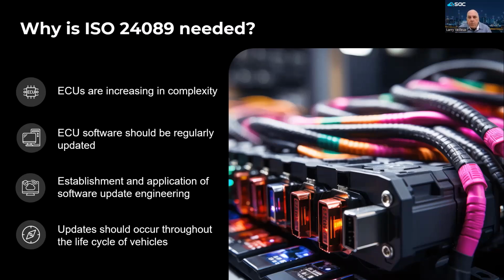With the increased frequency of software update campaigns, it is important to have individual vehicle configuration information. Therefore, the establishment and application of software update engineering is important to ensure software quality, cybersecurity, and safety. Similar to ISO SAE 21434, ISO 24089 requires that software update engineering activities occur throughout the life cycle of vehicles.